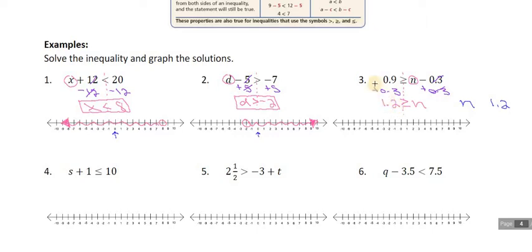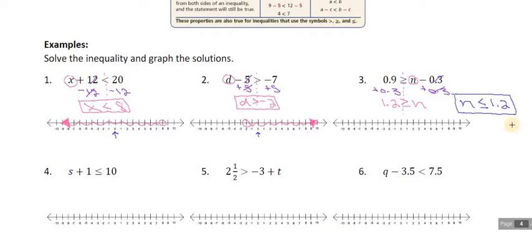So it was open to the 1.2, so it needs to remain open to the 1.2. So if 1.2 is greater than or equal to n, it would therefore mean that n is less than or equal to 1.2. Okay, so we want to make sure that we always flip our whole answer all the way around and that we can then verbally describe it a little easier.